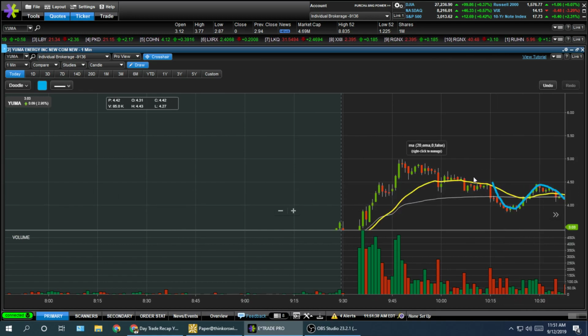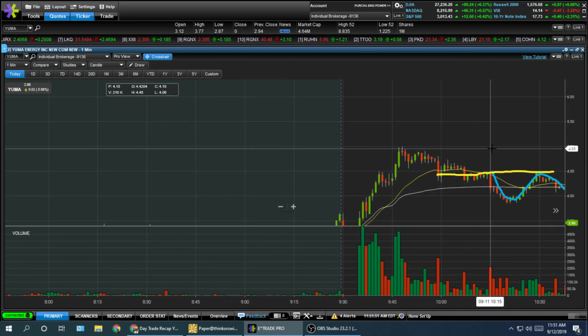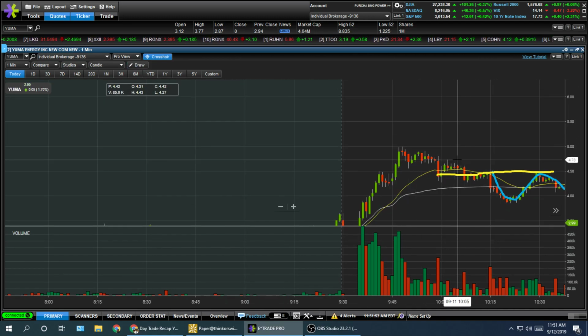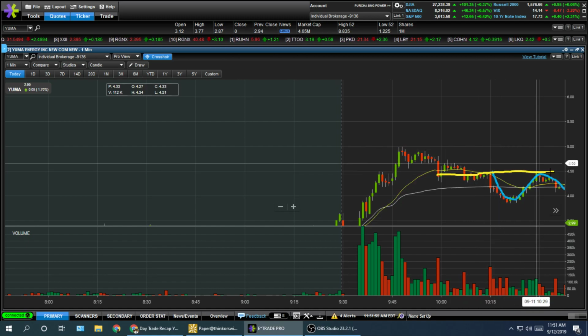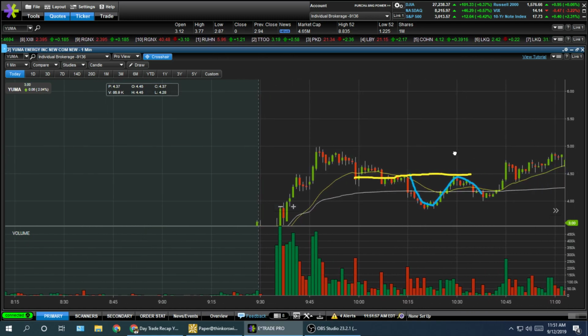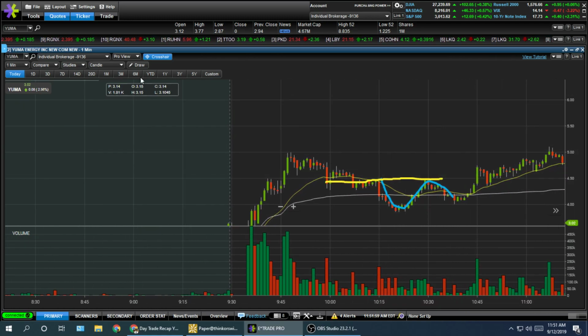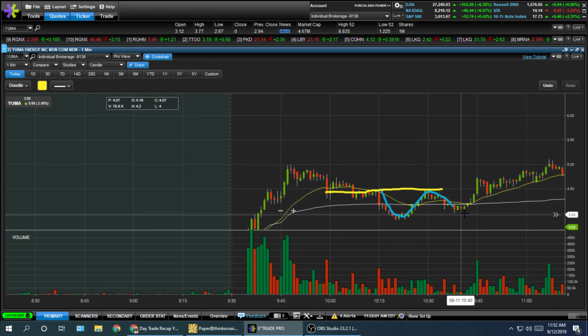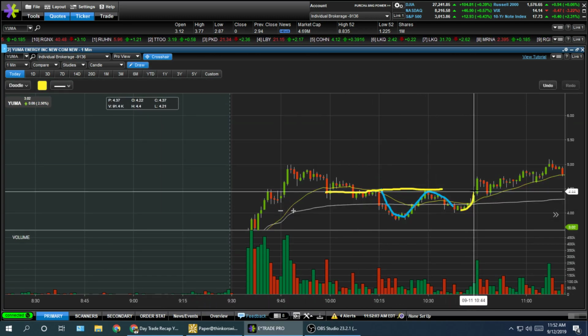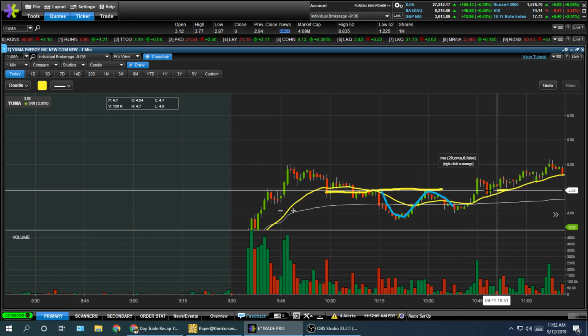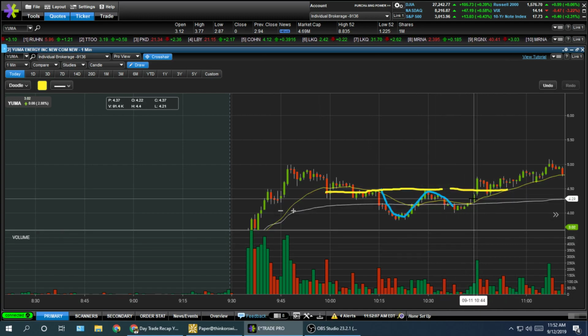So it tested this level here where it sold off, tested this level up here where it had resistance previously, and now it's coming back down. So at this point in time, you wanna already have this level marked. For example, right here it's 450. You have that level marked out, and you're watching to see if the stock is gonna continue this rebound and come back up. So that 450 level right there will be your trigger.